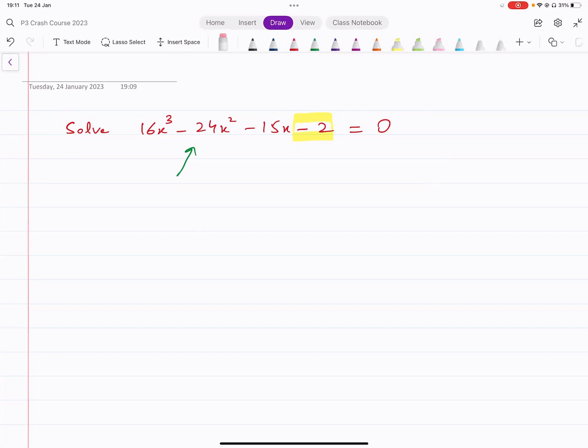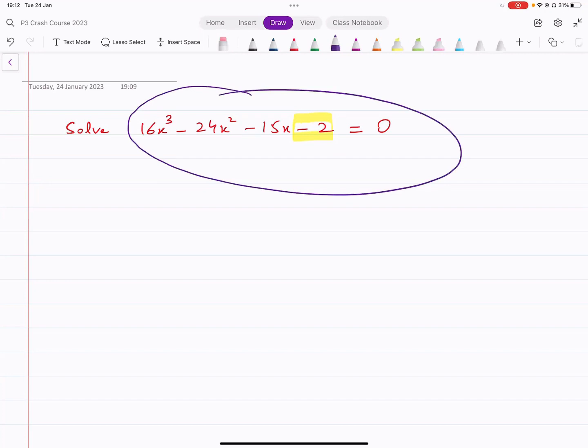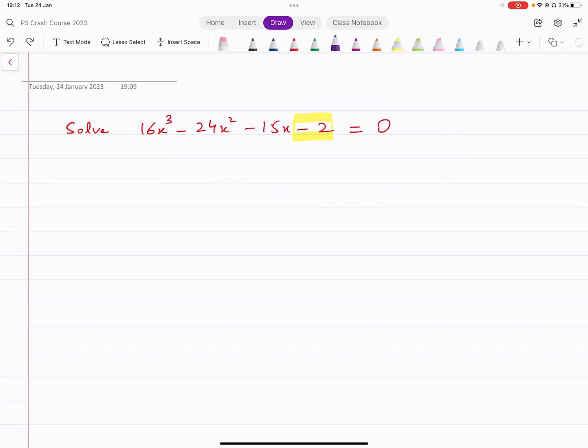So for example, x equals 5 is an integer solution. So you'll have one integer solution for this equation. And you would be able to guess that solution. How would you guess that? Whenever a polynomial has an integer solution, whenever such an equation has an integer solution, it's always a factor of this constant term.